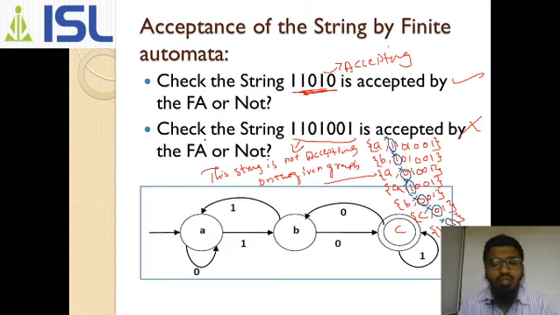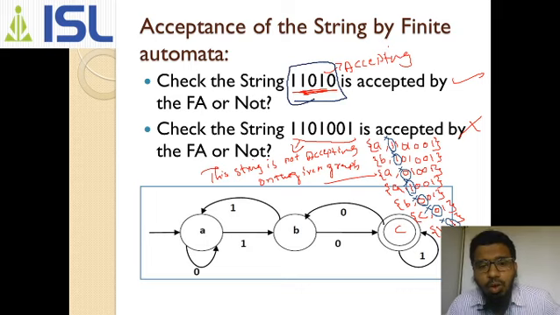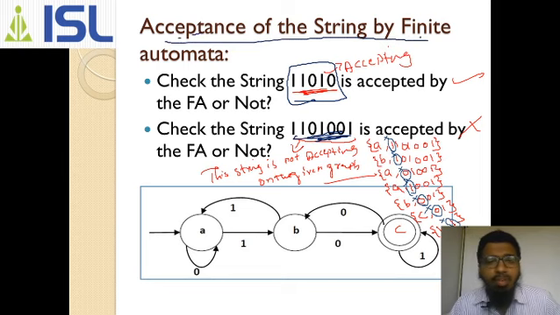And after that we saw whether the given string is accepted or not. That also we saw with the help of an example. This example is here, so if you see the previous video then you can easily understand this concept. So we saw the acceptance of a string by finite automata.